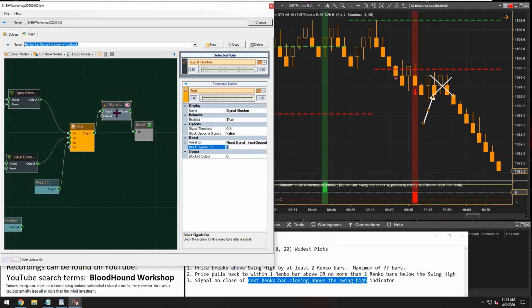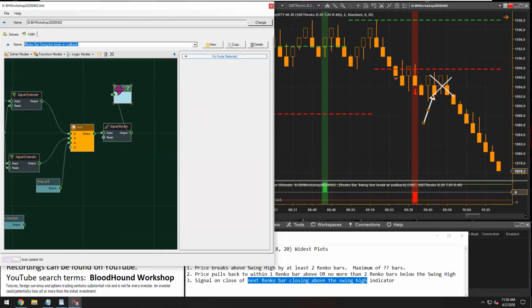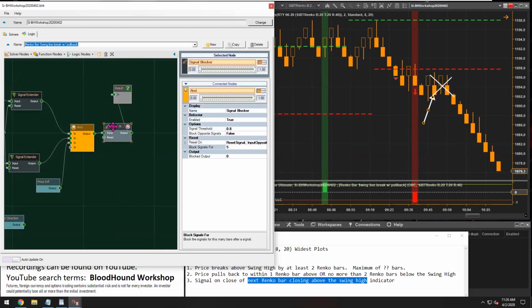So, yeah, that's all I needed, because of the way I can determine how many bars I need to block for, right? So we're looking at the signal blocker here, and we need to specify how many bars we need to block signals for.